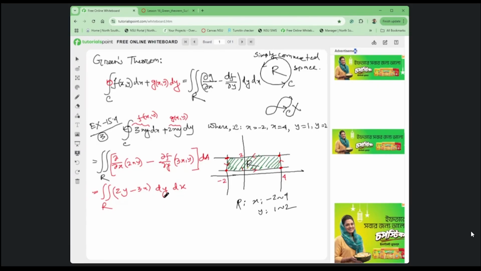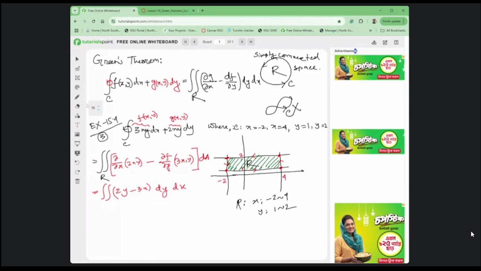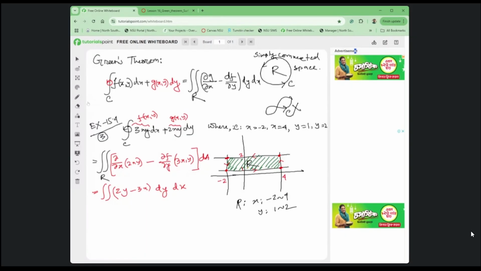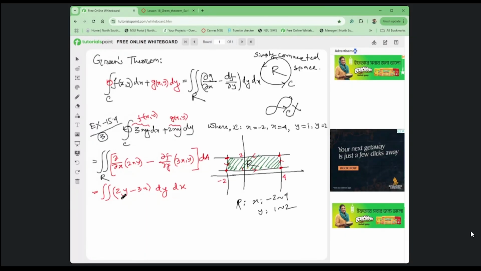So what will be the limit for y? Y is 1 to 2, and x is from -2 to 4.